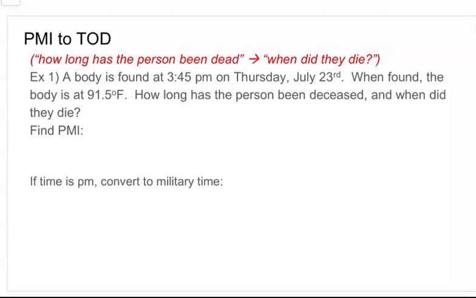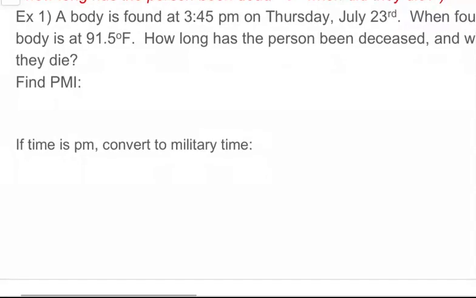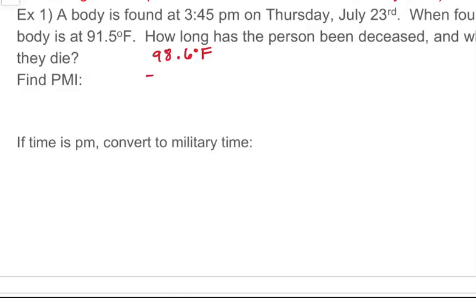And if you'll recall, we talked about some assumptions, one of them being that a body will begin at 98.6 because that's your normal body temperature when a person is alive. And then we're going to subtract the 91.5 to get a change in temperature, in this case, of 7.1.